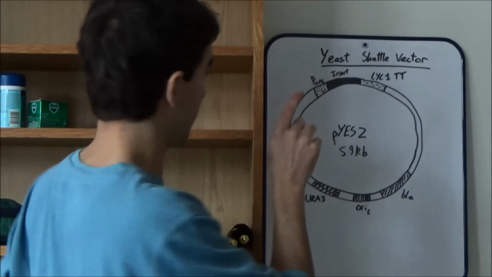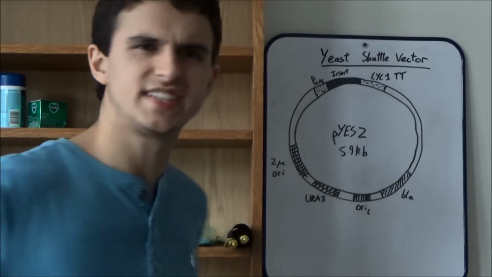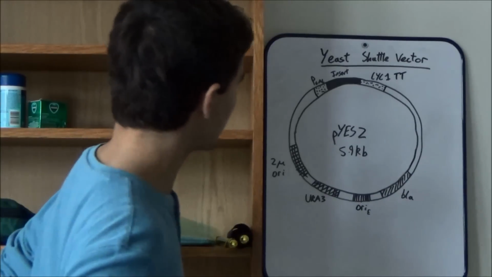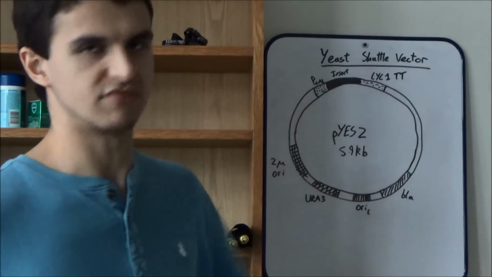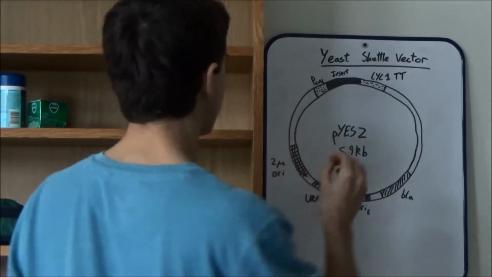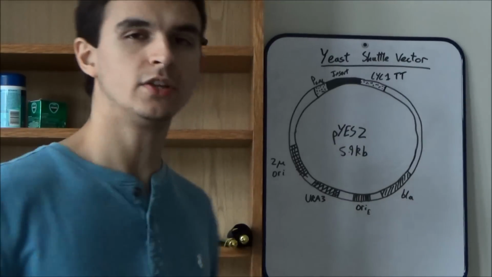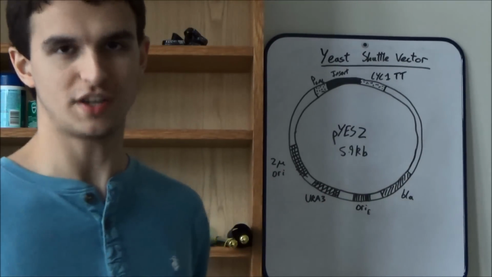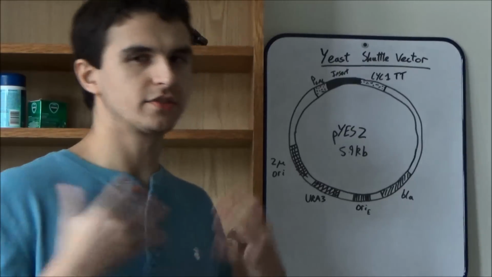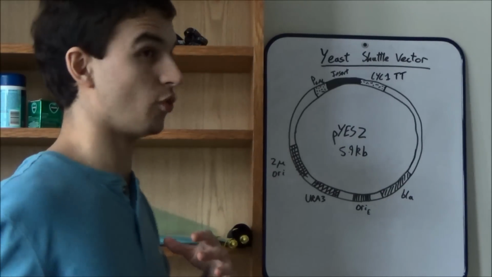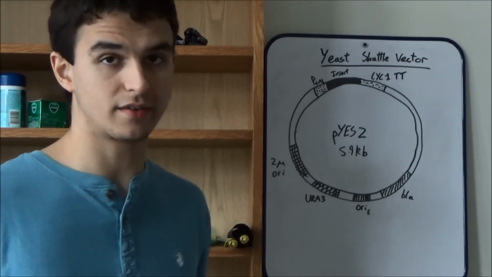Last thing to talk about is the CYC1TT. Now the CYC1 isn't relevant at all. The main thing is this TT. TT stands for transcription terminator. Now this also reflects the differences when transforming eukaryotes compared to prokaryotes.